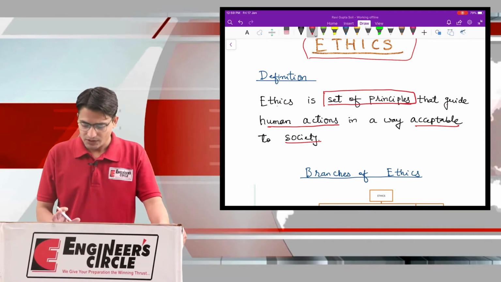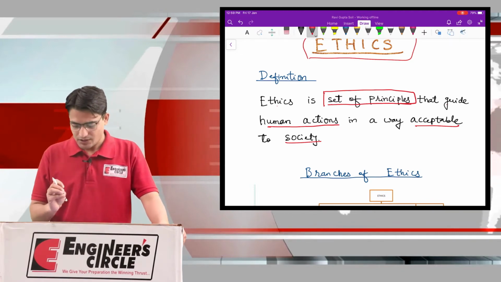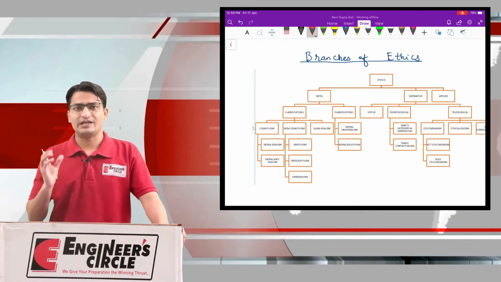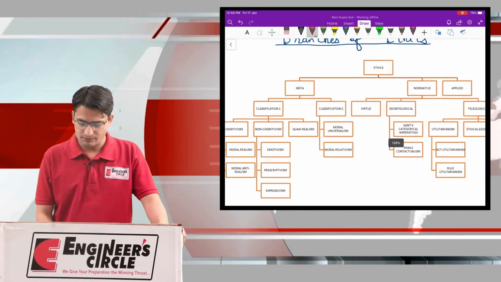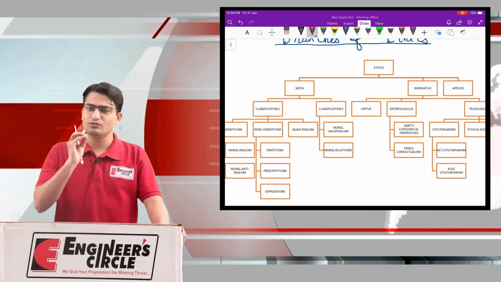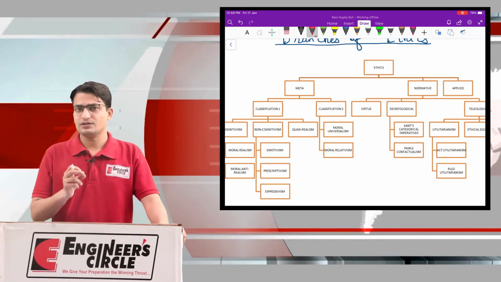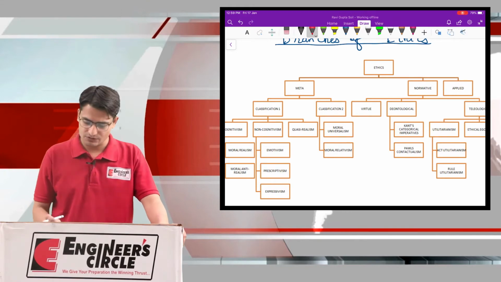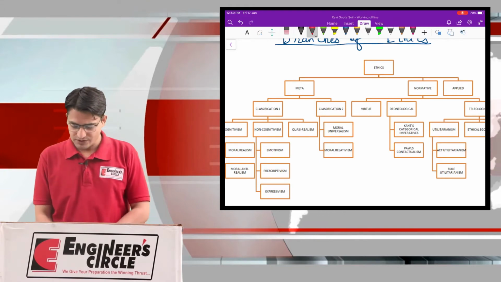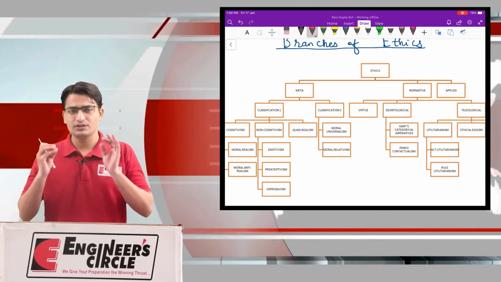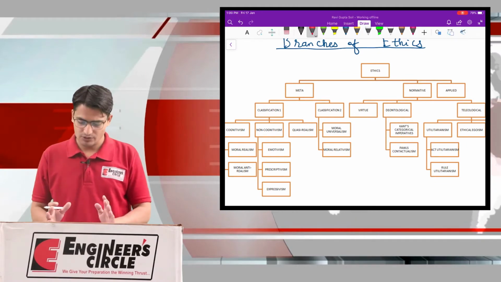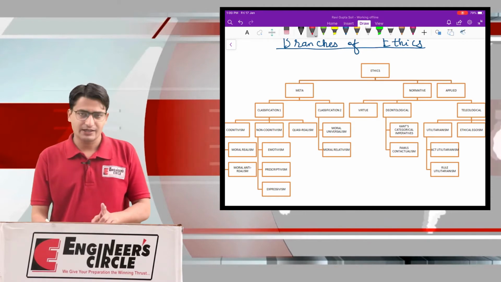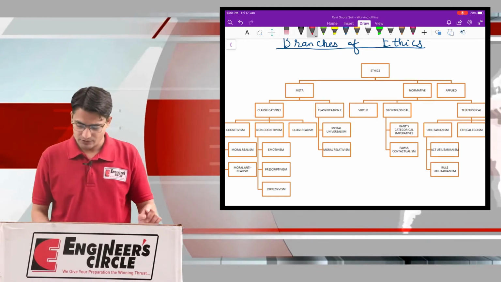Okay. Having understood ethics, now we will move on to what are the branches of ethics. We have to clearly understand this, because several questions in the previous 4 years have been asked from this part. So first of all, this table must be clear in your mind. Now, ethics is initially categorized into two parts.